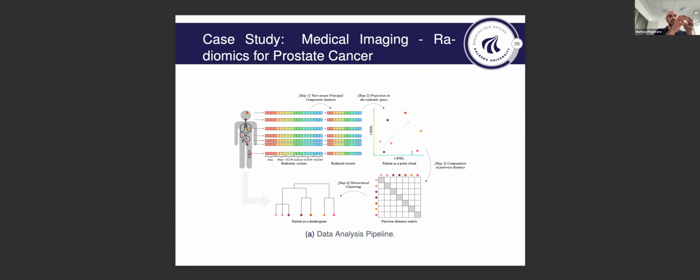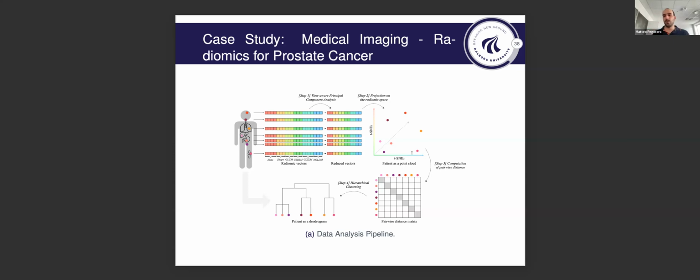And so this means that every patient is then transformed into a point cloud embedded in some high-dimensional Euclidean space, so that the dimension of the Euclidean space depends on the radiomic features that we select, and the cardinality of the point cloud depends on the number of lesions that the patient has.